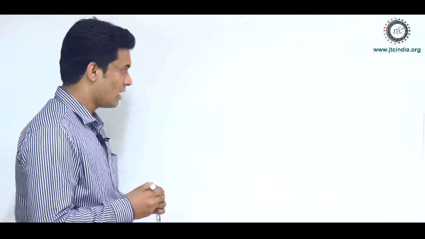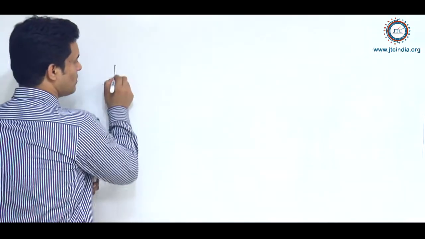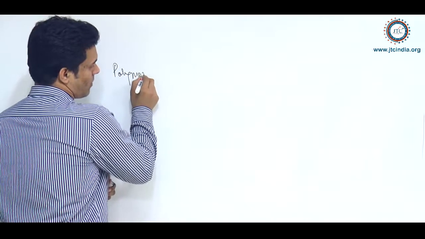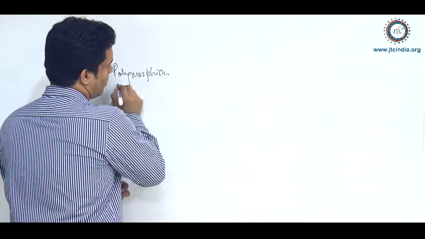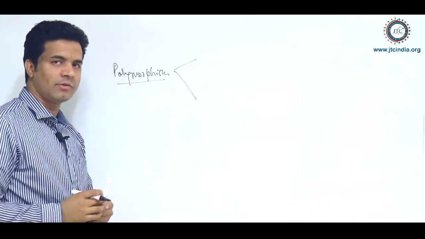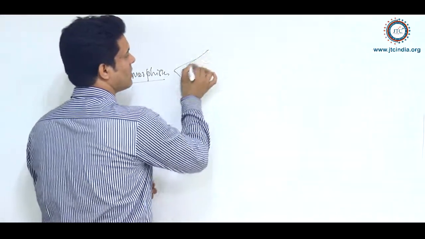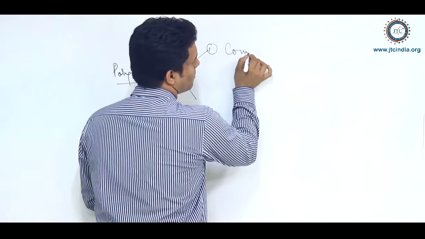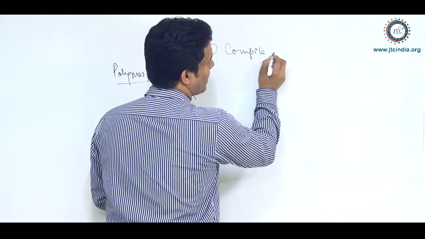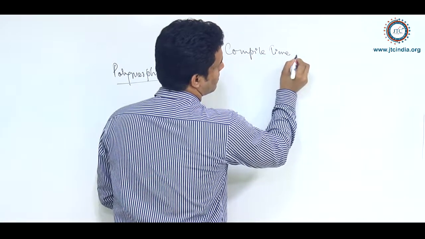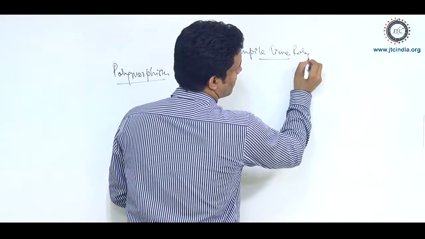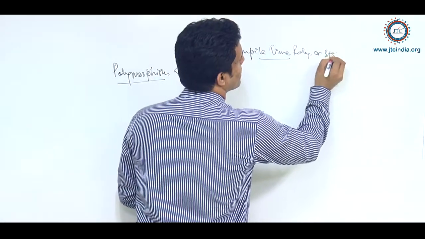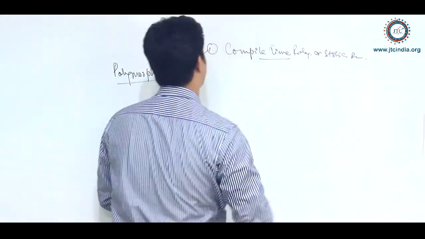Now polymorphism is mainly of two types. Number one is compile time polymorphism, or you can say static polymorphism.